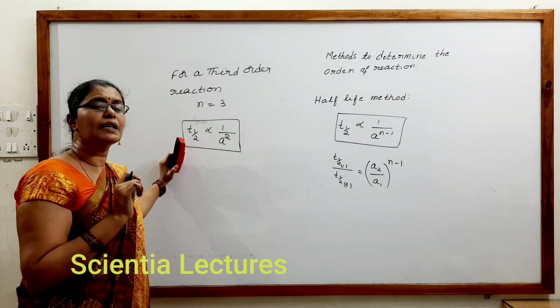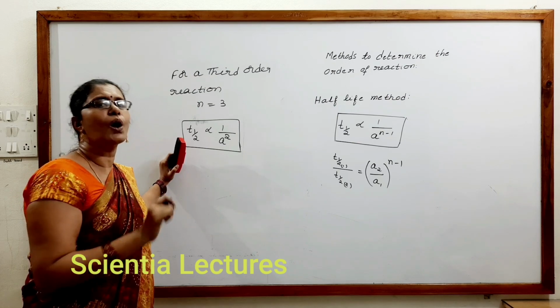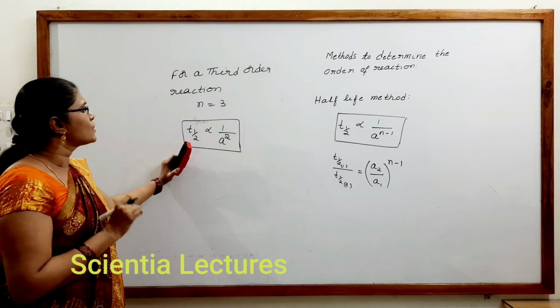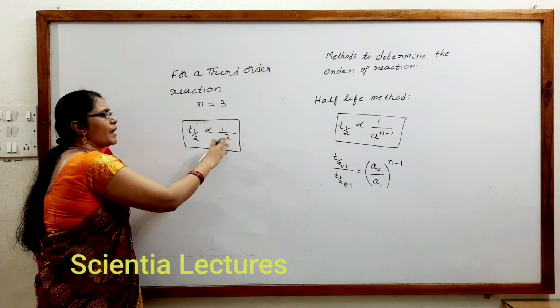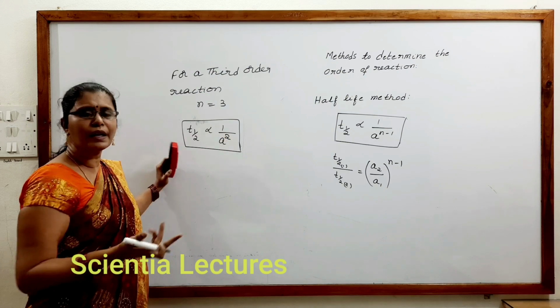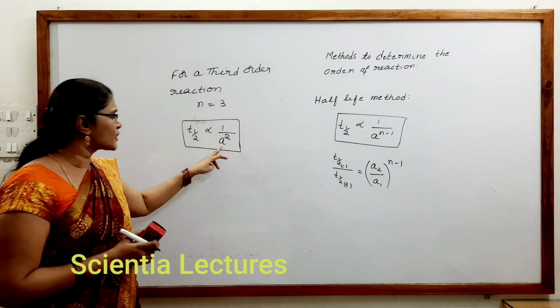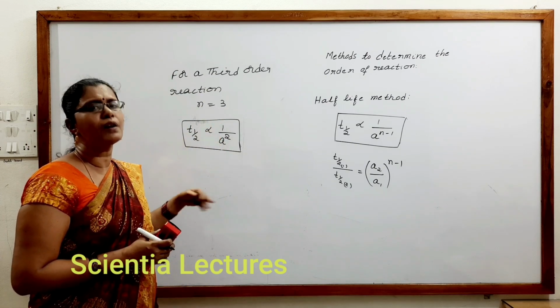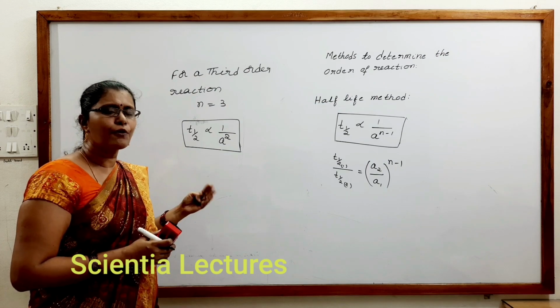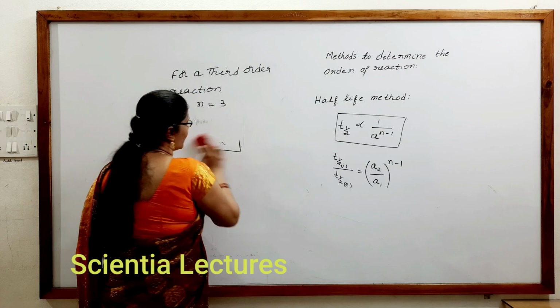Suppose they have said that T half is inversely proportional to a cube. Then what would be the order of reaction? Fourth order. You add 1 to the power, you will get the order of reaction, because it is n minus 1. So 1 by a square for third order, 1 by a cube for fourth order, 1 by a power 4 for fifth order. So for any reaction you can find it.